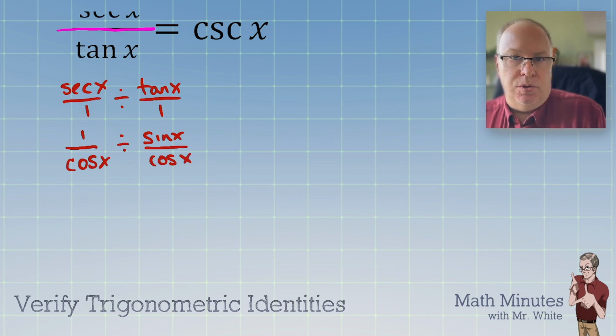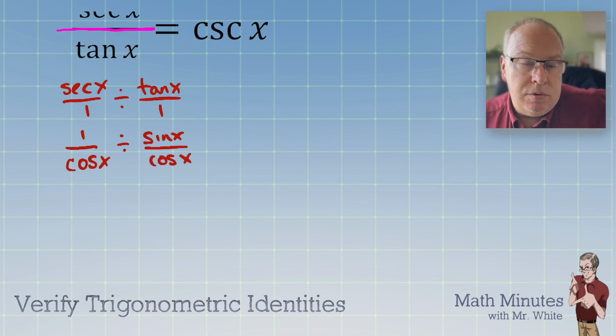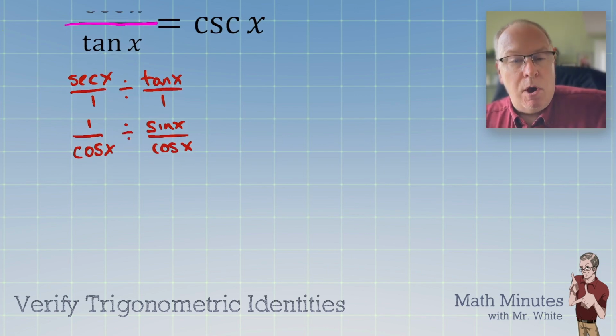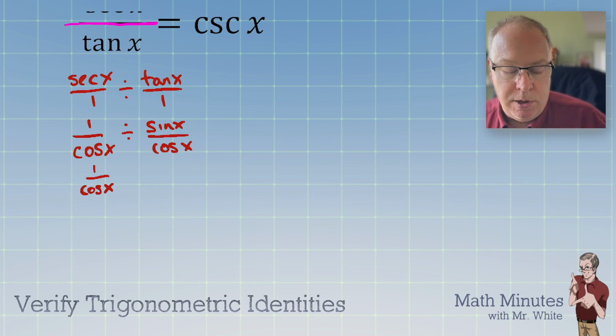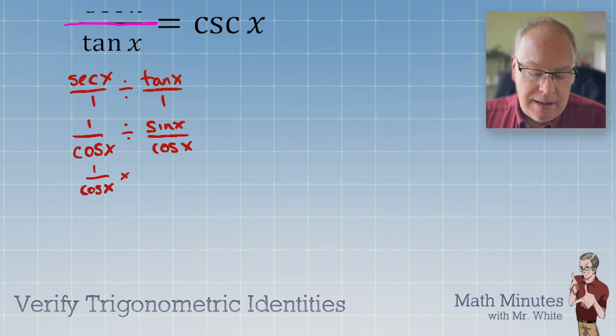Now think back to middle school when you learned how to divide fractions. What do you do? You multiply by the reciprocal, or a lot of students like to say keep, change, flip. So we're going to keep the first one the same. There is no cross multiplying. I hope you didn't say that. Times, and then I flip over the second one.